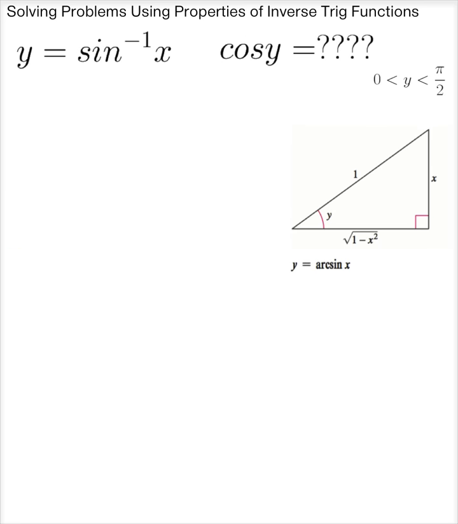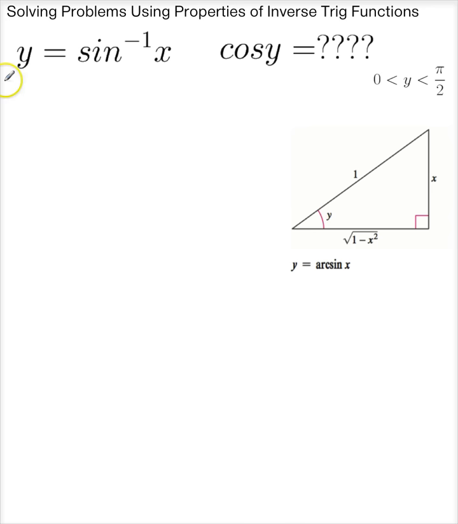Now, what if we get a little bit more complicated? What if I tell you y is the inverse sine of x, and I want the cosine of y? What do I do now? Well, I draw the triangle. y is my angle, right here, and y is equal to the inverse sine of x.